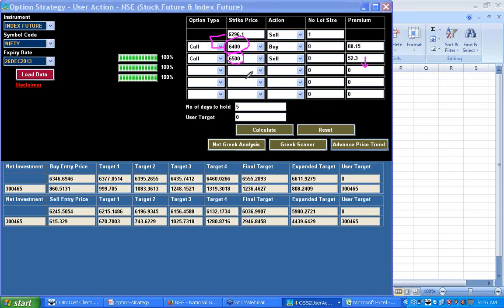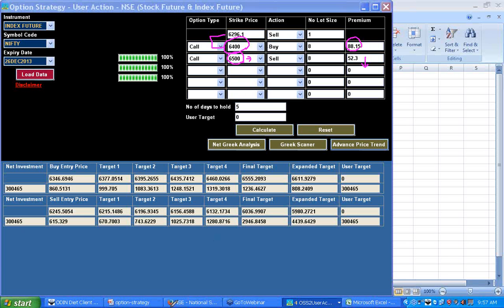The 6,500 option will have a greater decay, whereas the other may remain constant, or have a little appreciation. So your profitability will definitely be higher than whatever we are projecting here, because this projection is taken with today's IV and today's volatility.